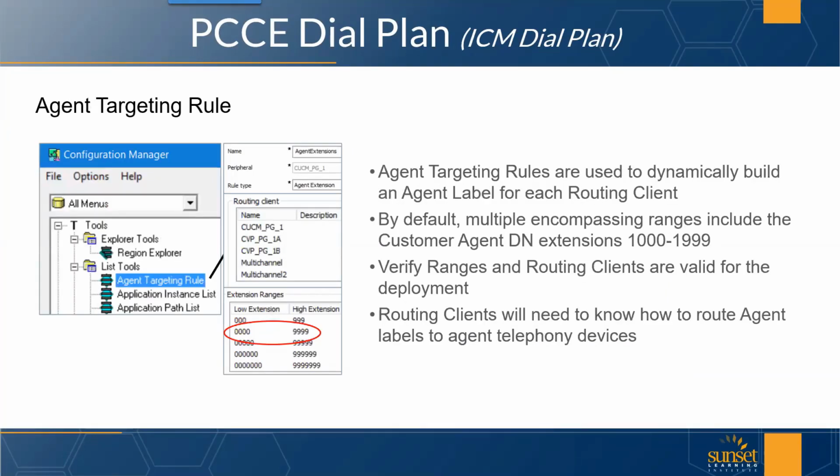The agent targeting rule, as we've said, is a way of defining the particular agent extension against a routing client. Again, in 12.5, I think it came in, the agent targeting rules have been pre-configured, and therefore there's not a lot of reason to do anything for it.